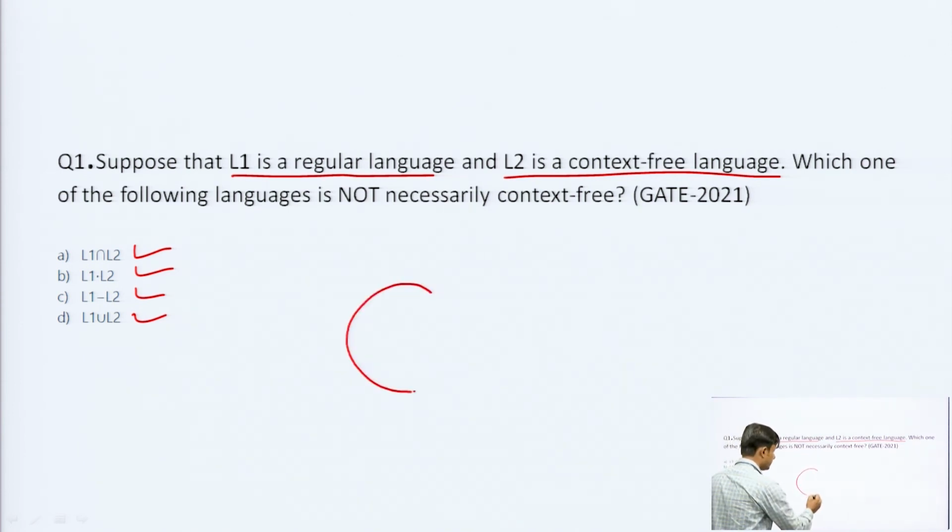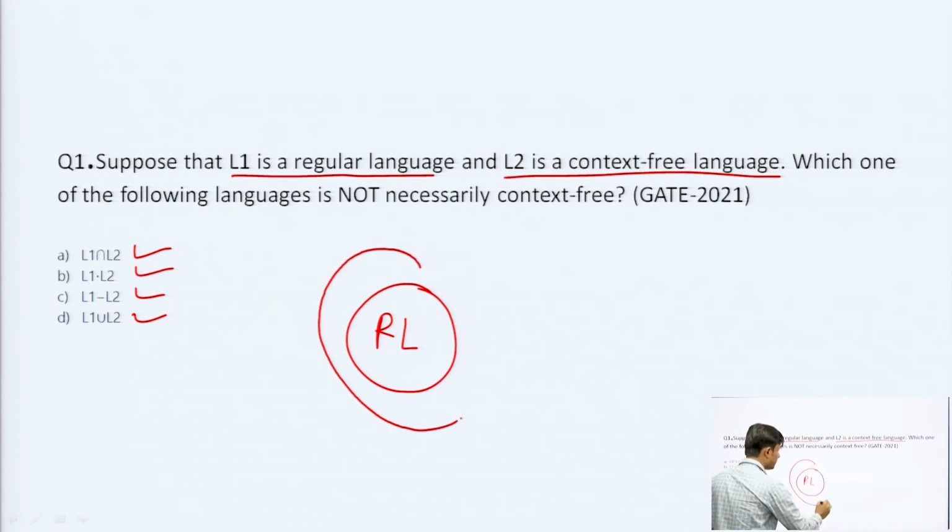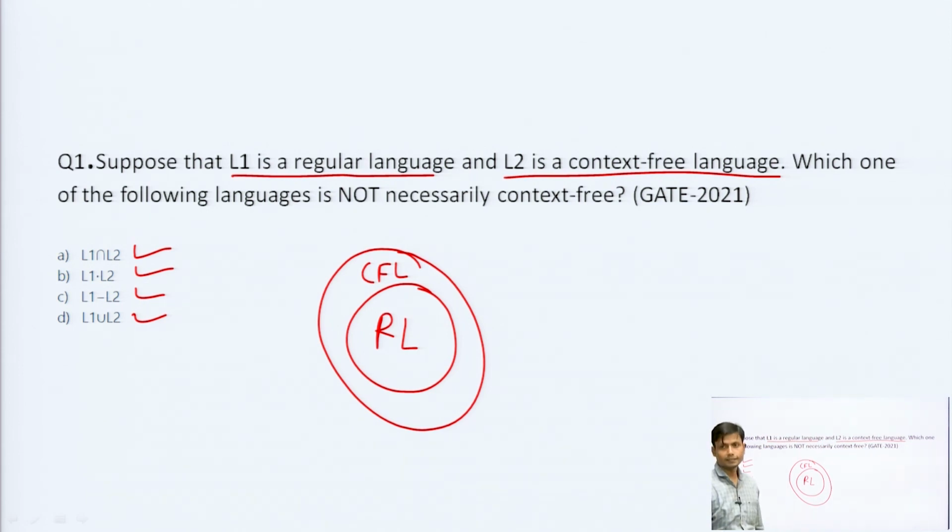Here see the diagram: this is the regular language, and after that you have the context free language. The first option says the intersection of L1 and L2, and that can be context free, because either union or intersection will always be in the higher language. So this is a CFL.